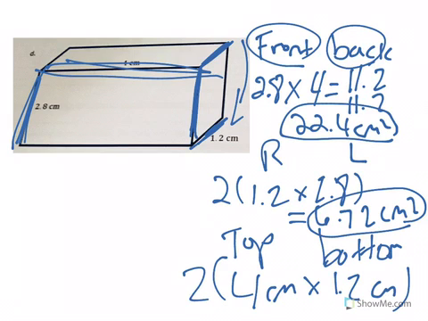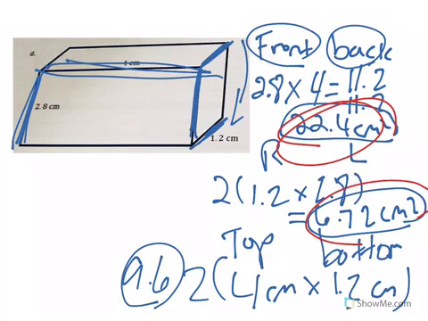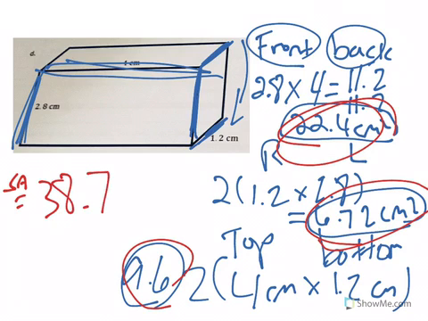And we're going to multiply that by 2 because we have the top and the bottom. We end up with 9.6. When you take 22.4, 6.72, and 9.6, and you add them together, you end up with the surface area equals 38.72 centimeters squared.